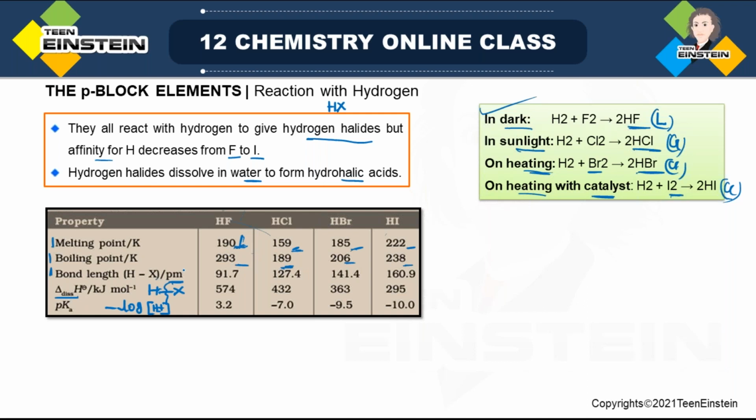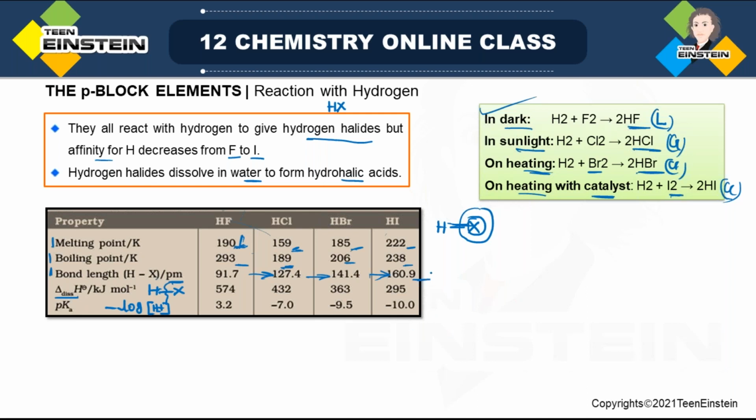Okay. Then bond length, see, there is a gradual increase as you move down the group, and it is expected because just see H and X. When it is F, the size is very small. When it is Cl, the size is gradually increasing. So when size is increasing, the distance between H and X is also increasing. That is the reason HI has the maximum bond length.